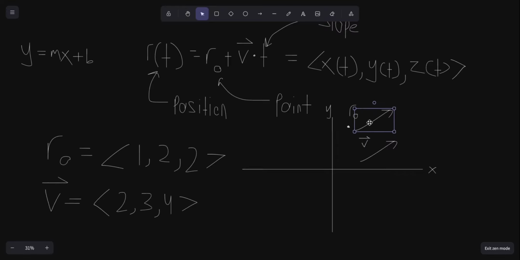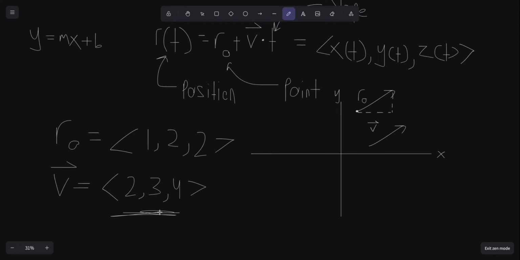In fact, the vector v represents the change in x: how much does x change as our time increases by 1 unit? It also represents how much our y value increases as time increases. And if we're dealing with 3 dimensions, which we are in this case, it also represents how much our z value changes as time passes.